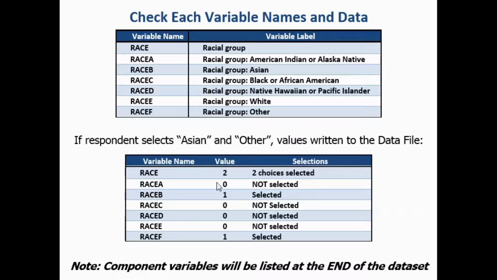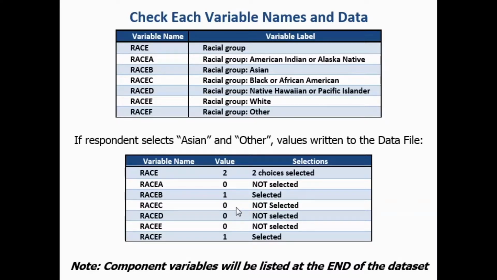And the values for these component variables will be 0 if the choice was not selected and 1 if the choice was selected. So you see here that our choice race B and race F that were selected are both 1, and the other unselected choices will be 0.